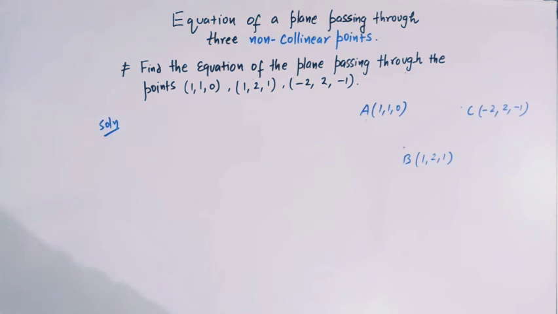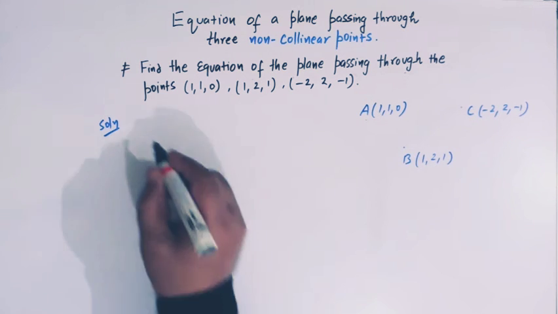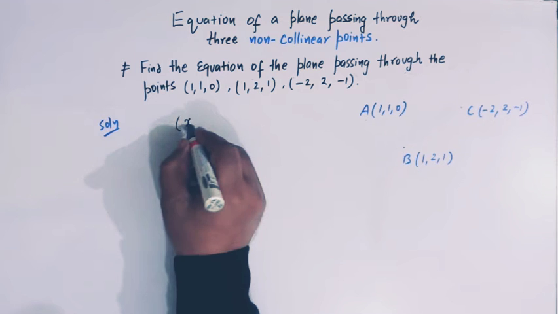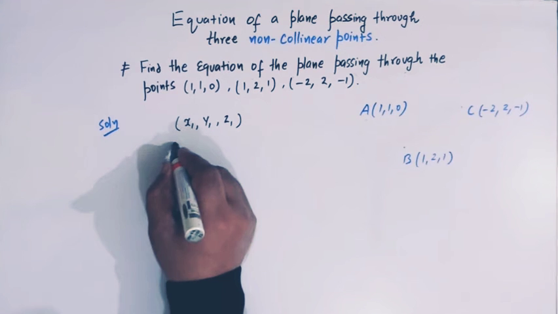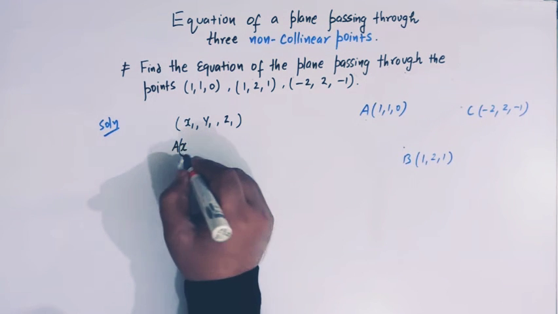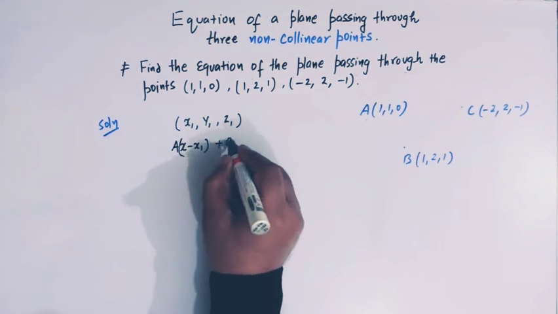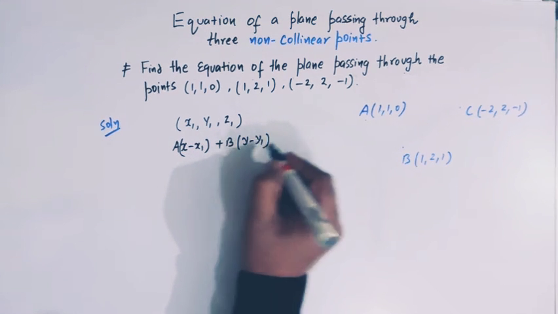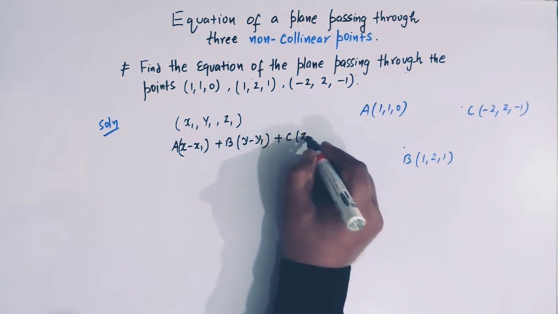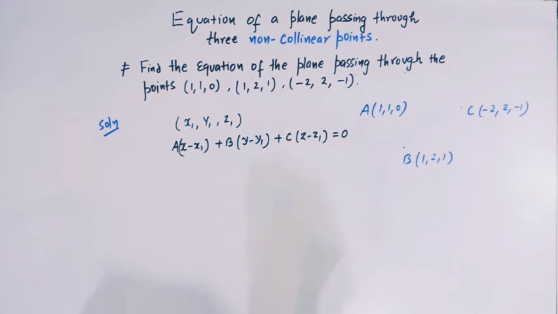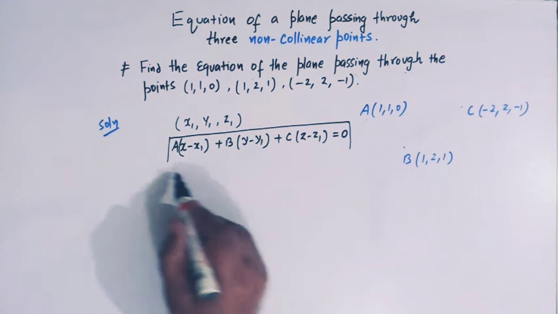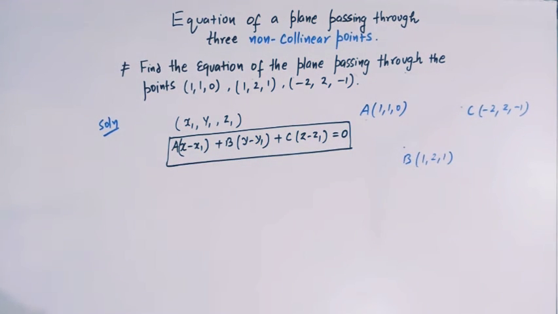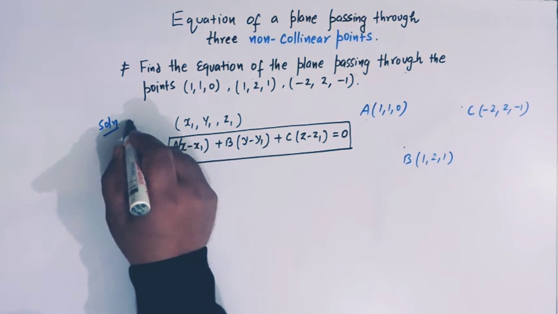Now we know that the Cartesian equation of a plane which passes through a given point, say (x1, y1, z1), is given by a(x - x1) + b(y - y1) + c(z - z1) = 0. So this is the Cartesian equation of a plane which passes through a given point.